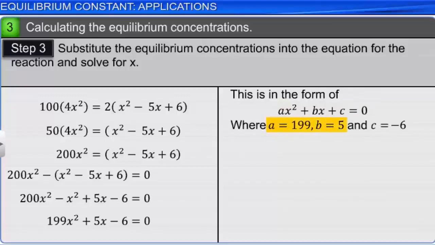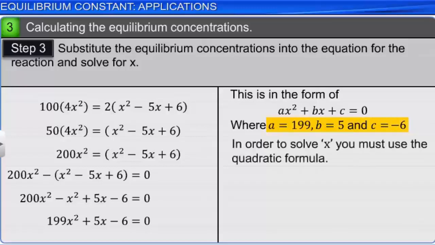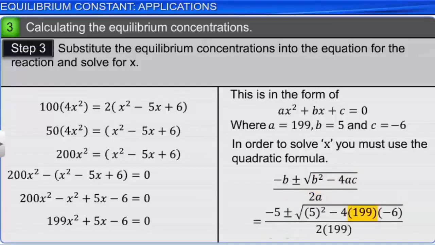In order to solve for x, you must use the formula x is equal to minus b plus or minus square root of b square minus 4ac, divided by 2a. On substituting the values of a, b and c in the quadratic equation, we get minus 5 plus or minus square root of 5 square minus 4 multiplied by 199 multiplied by minus 6, divided by 2 multiplied by 199.